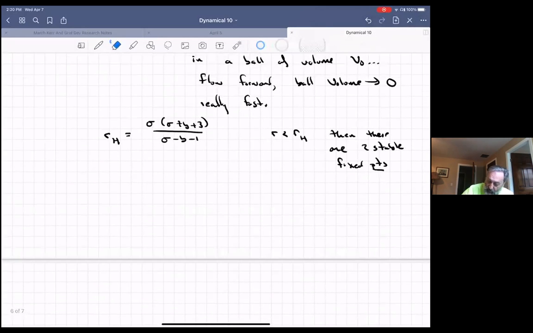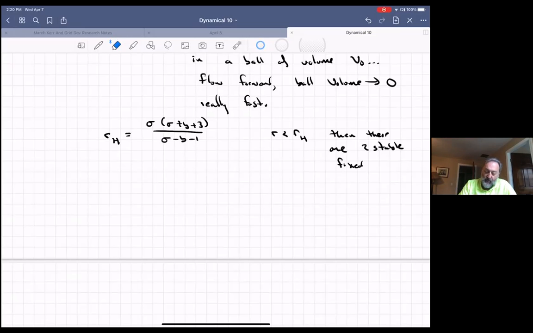Actually, I'm just going to say there are stable fixed points because I think there's a bifurcation that happens. I'm pretty sure there's a pitchfork bifurcation where you start with one stable fixed point, and then as you change your sigma and B parameters, you end up with 2 stable fixed points and 1 unstable fixed point.